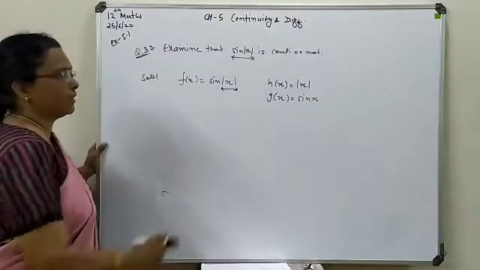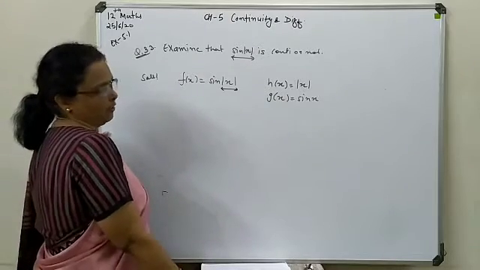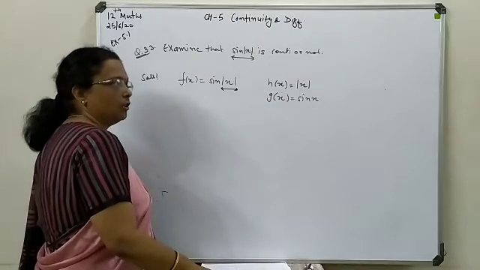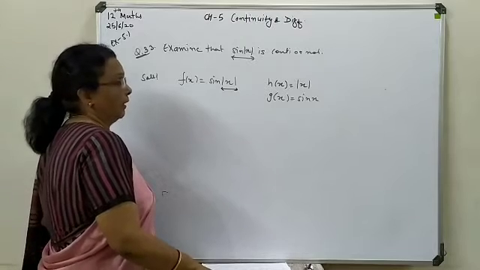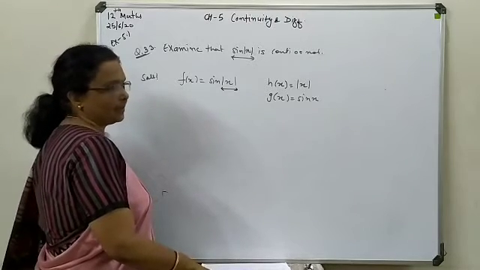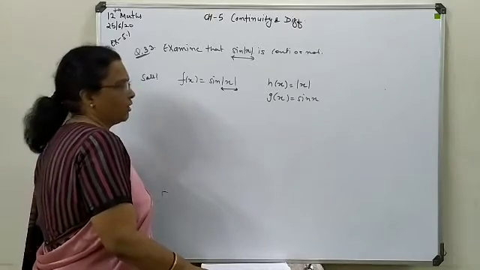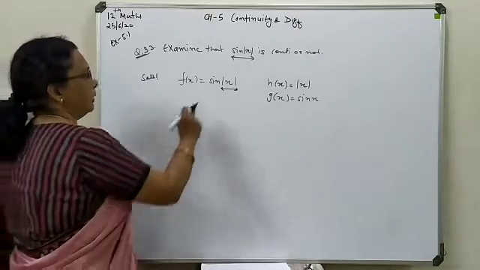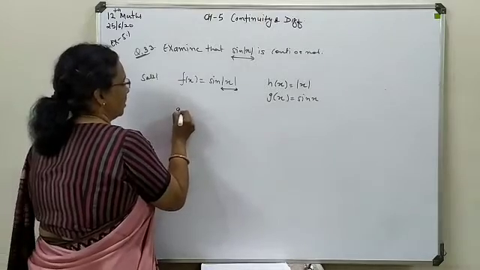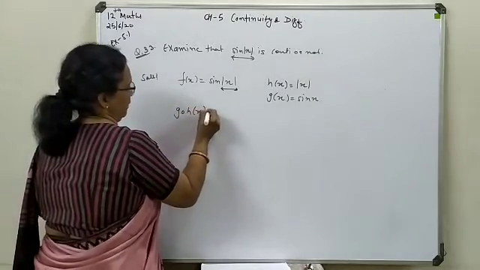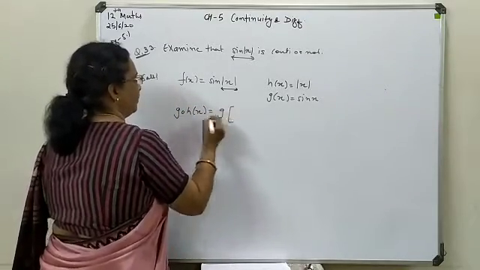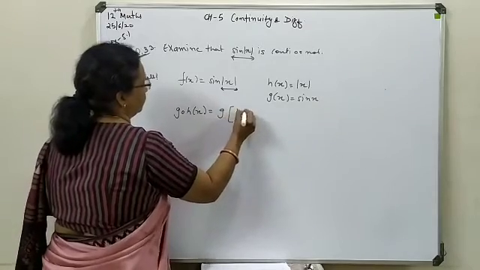Now separately, the modulus function is a continuous function, and sin x obviously is a continuous function. So separately these two are continuous functions. Now we look at the combined form, that is g composition h of x. How to write the composite function, everybody is clear?